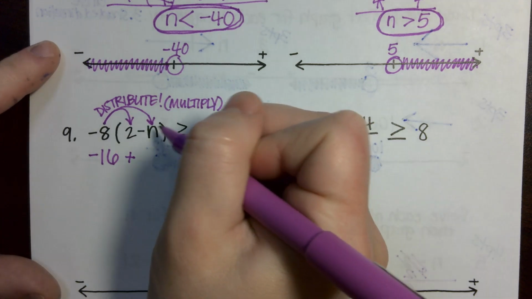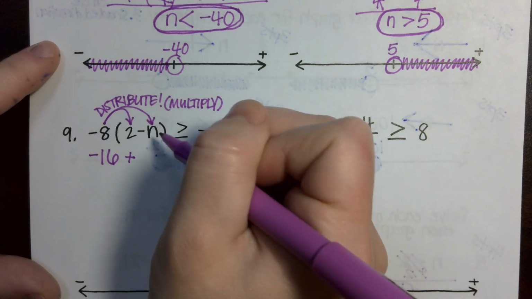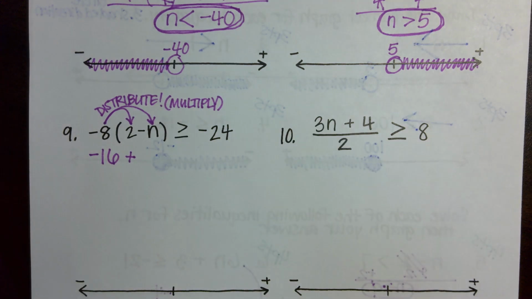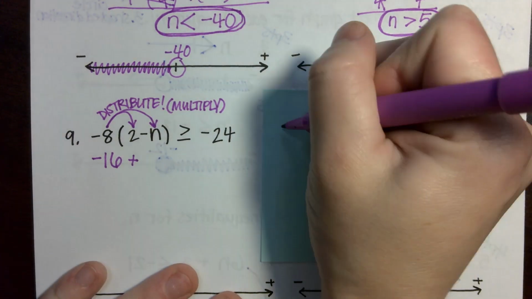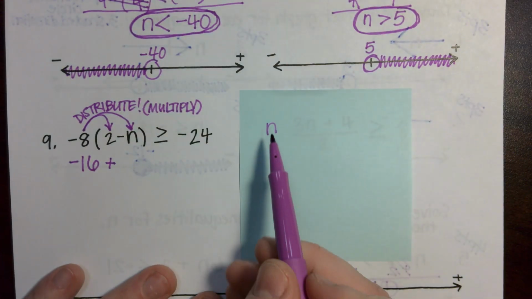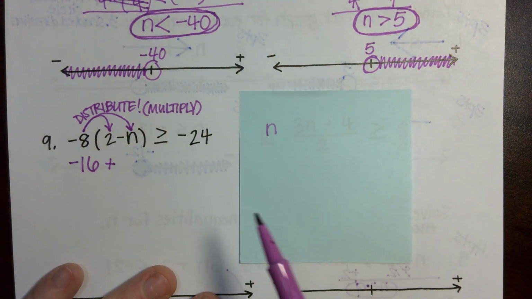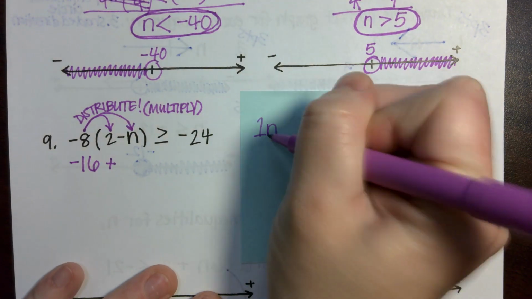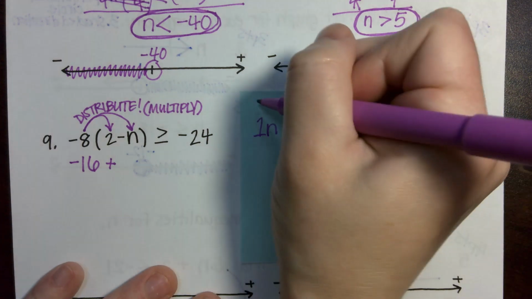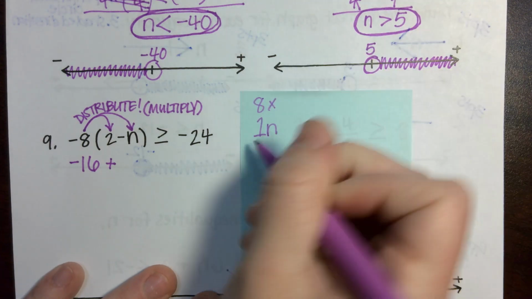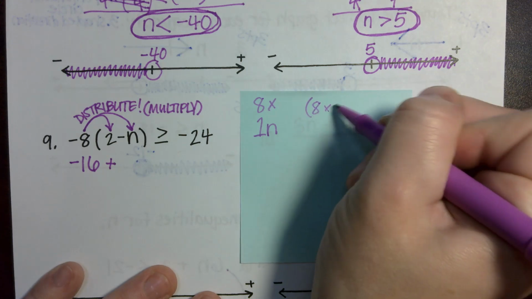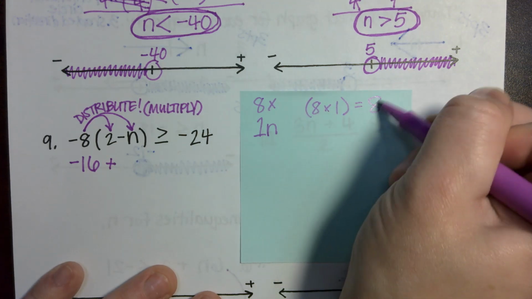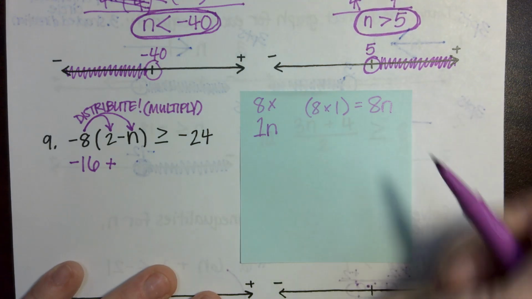So remember, if there's no number next to a variable, like, let me draw out a little sticky note. I have n. How many n's are there? 1. This is the same thing as 1n. So if I did 8 times 1n, it's the same thing as 8 times 1, which is 8, and we add the n on the end.